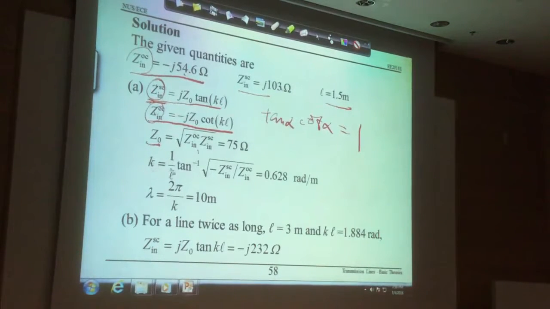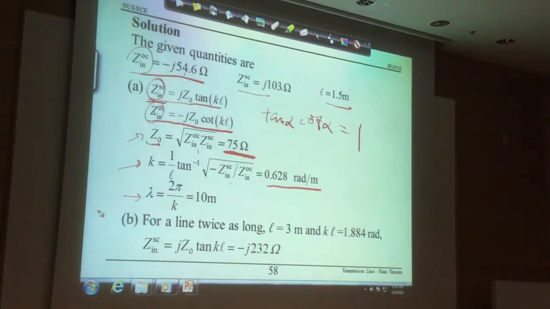So then K is the inverse tangent, right? So turns out you sub this value into this equation. Again, verify by yourself. So then you can obtain K and Z naught. In the meantime, what is wavelength? It is 2 pi over K, right? Okay, 2 pi over K.